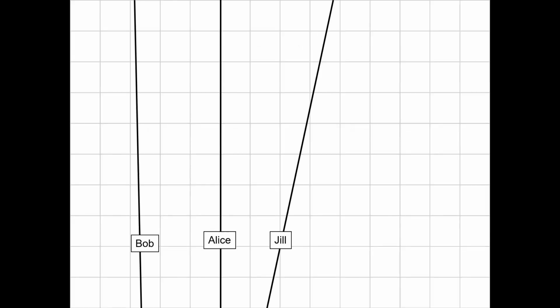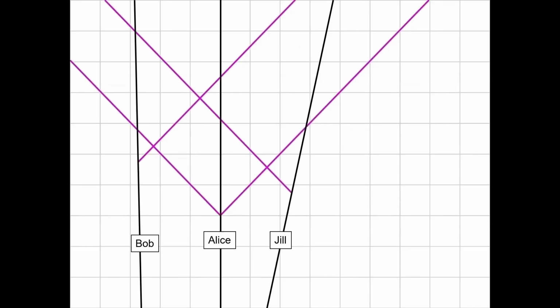Here we have Bob, Alice, and Jill. And here are some information tracks. If these world lines start with a speed between them that is less than the speed of information, the speed of light, then the speed of light is a limit.